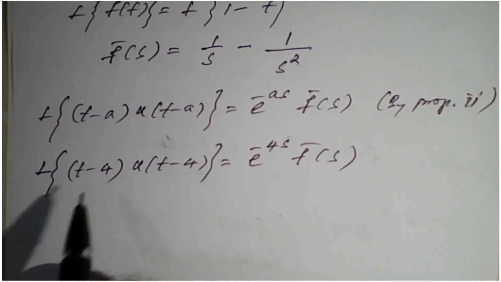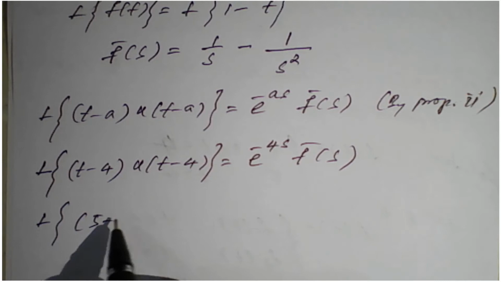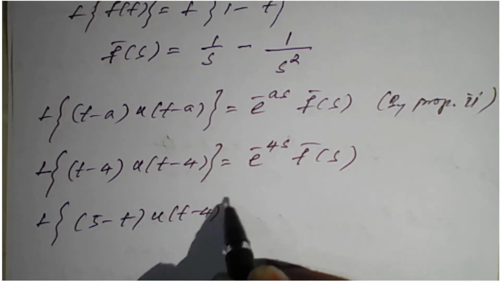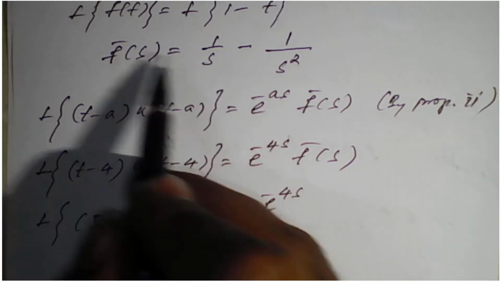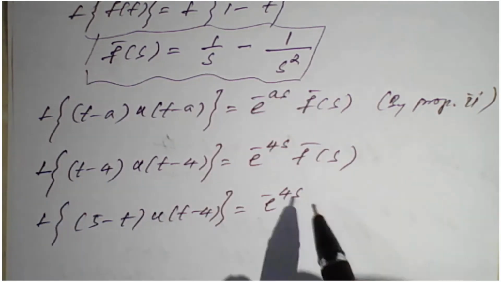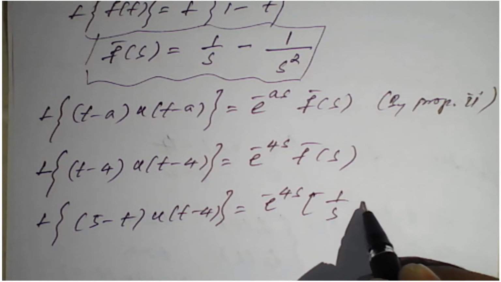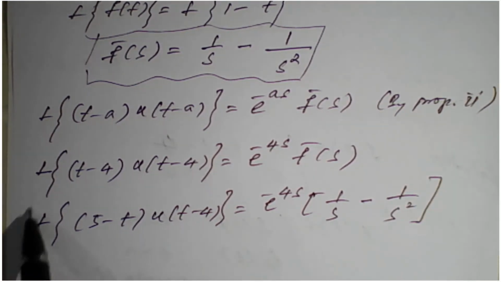We have taken it as 5 minus t into u of t minus 4 is equal to e raised to minus 4s f dash of s. This is our f dash of s, which is nothing but 1 upon s minus 1 upon s square. So we got the result.